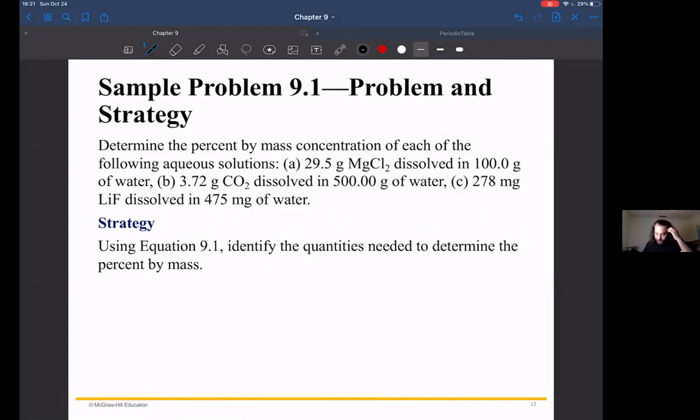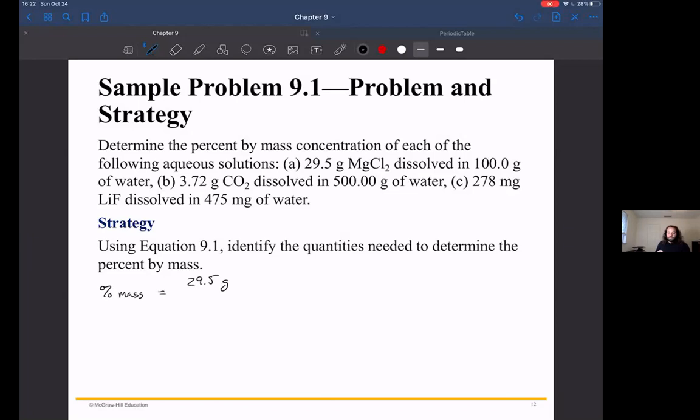So first, 29.5 grams of magnesium chloride dissolved in 100 grams of water. So the first step is going to be to take out our calculator. So the percent mass is going to be equal to 29.5 grams.